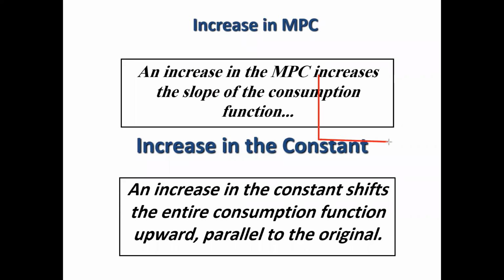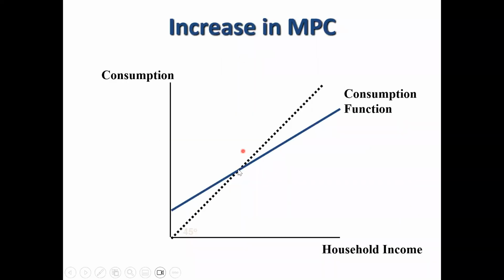So here we will increase the slope. We start from the same point, whether here or here, depending on the amount of the marginal propensity to consume. This will represent the increase in the marginal propensity to consume.